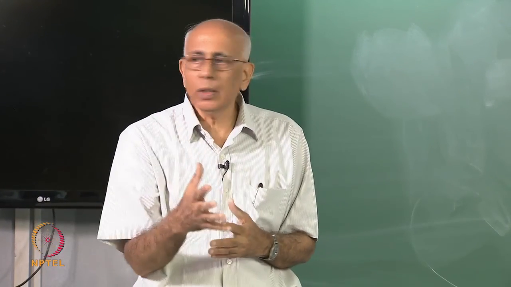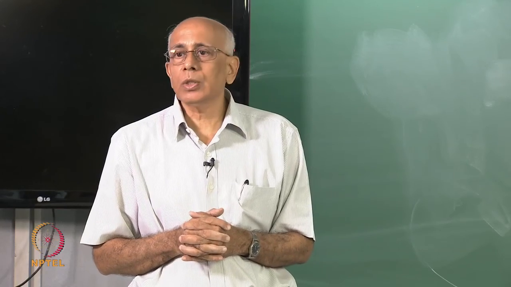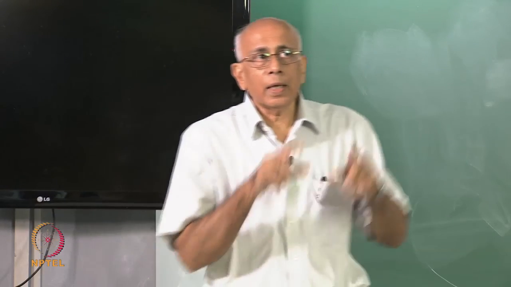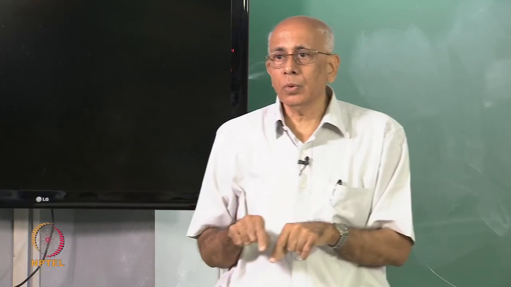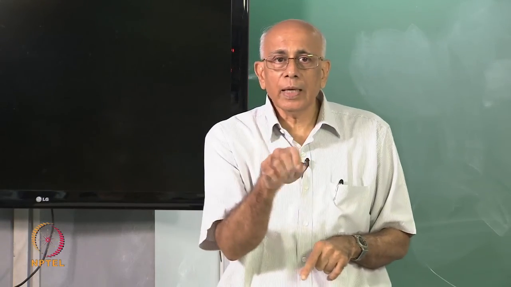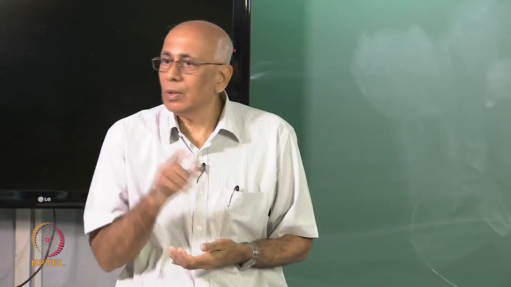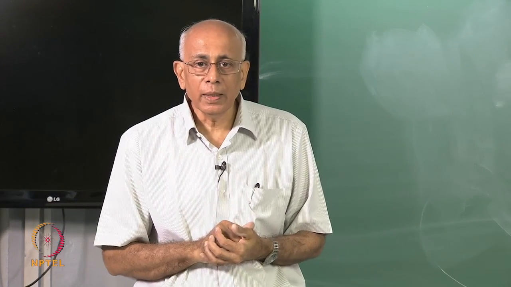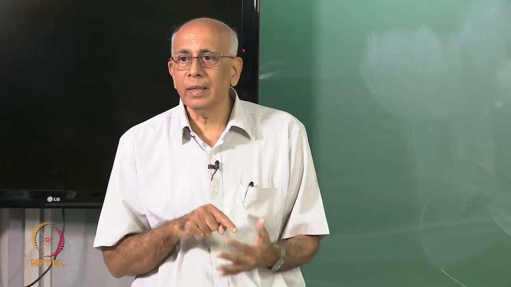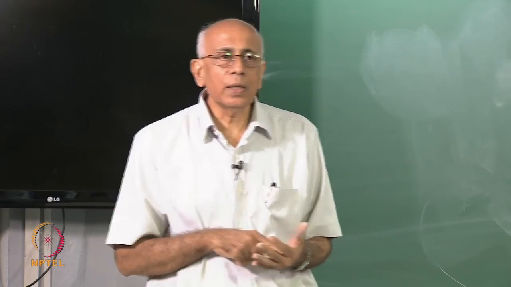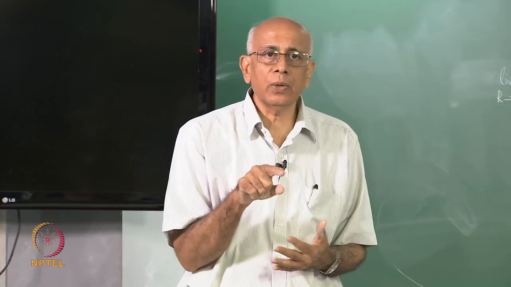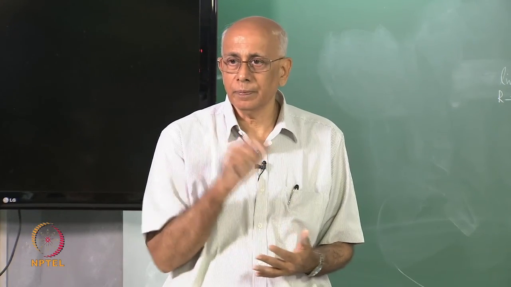Therefore, it must be singular at infinity. The question is what sort of singularity? Well, I can bring the point at infinity to the origin by changing from z to w equal to 1 over z. Then this function looks like e to the 1 over w in the w plane, and that has an essential singularity at the origin. So I conclude that e to the z has an essential singularity at z equal to infinity.